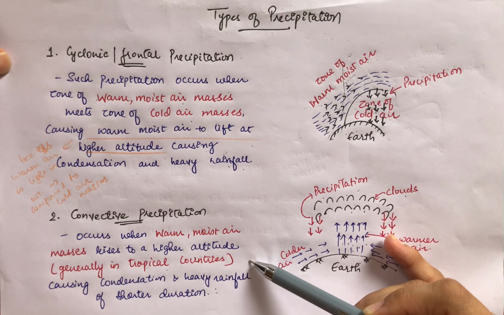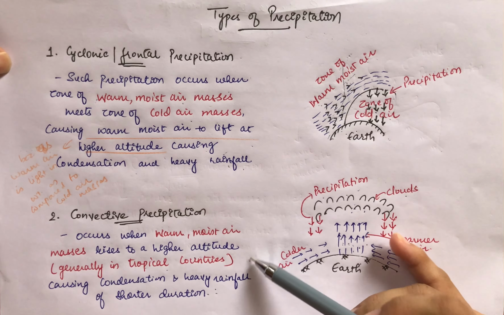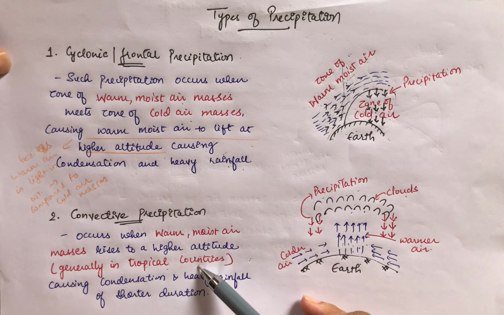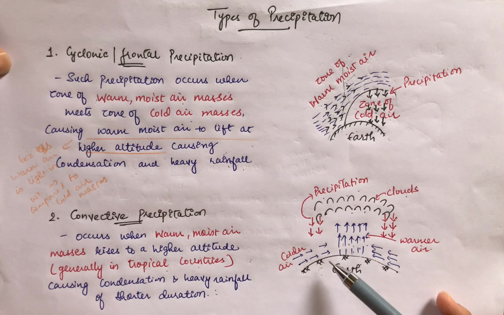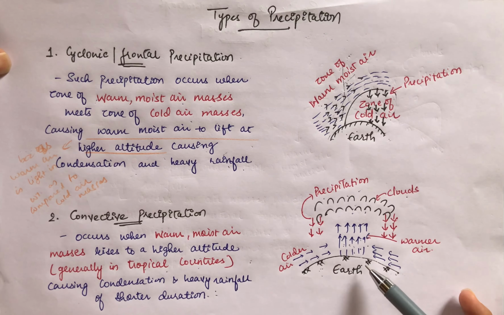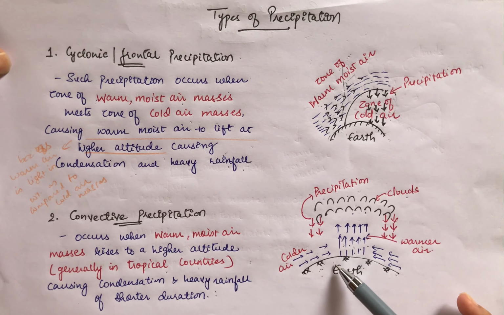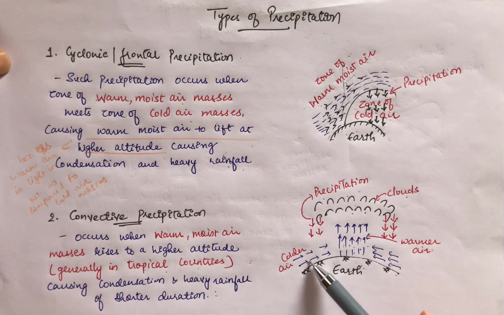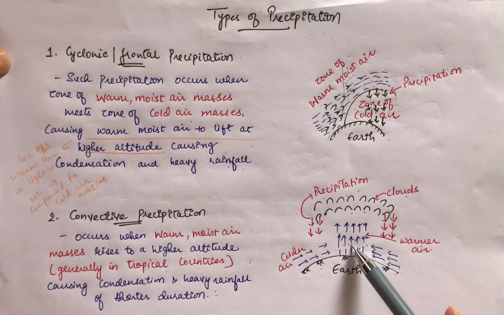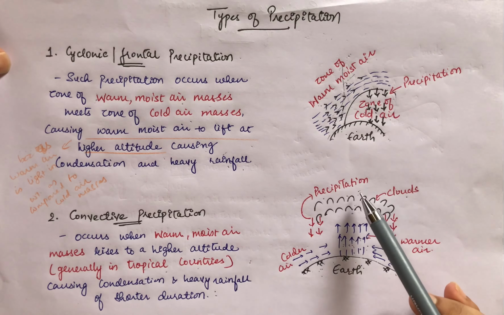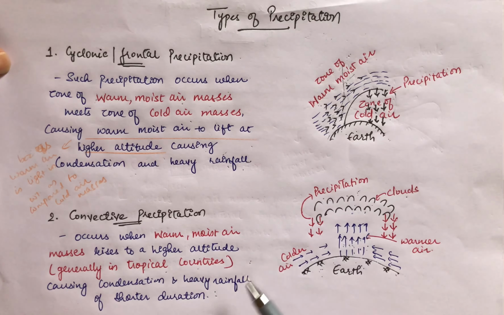Then talking about the second kind of precipitation, which is convective precipitation. Such kind of precipitation occurs generally in tropical countries. What happens over here is that in tropical countries the earth's surface gets heated during the daytime, and as the day reaches towards the night time, the colder air moves and takes the place of warmer air, while the warmer air moves up into the atmosphere at a higher altitude, resulting in condensation and heavy rainfall of shorter duration.